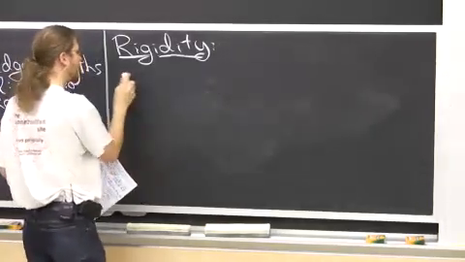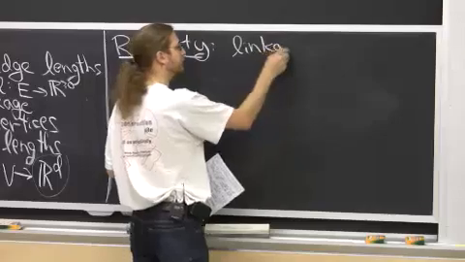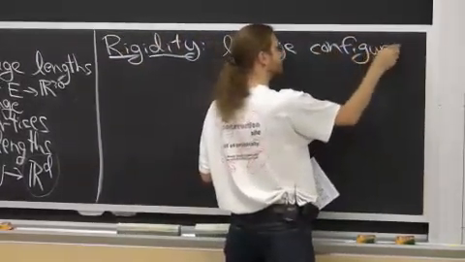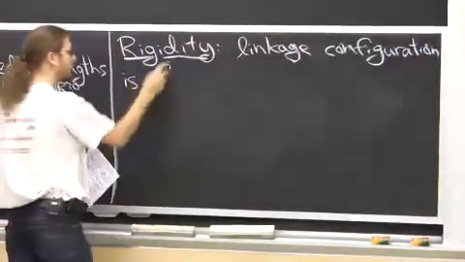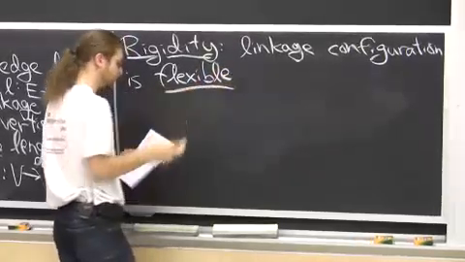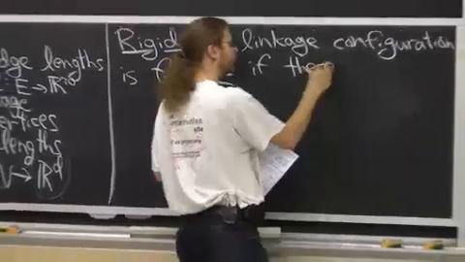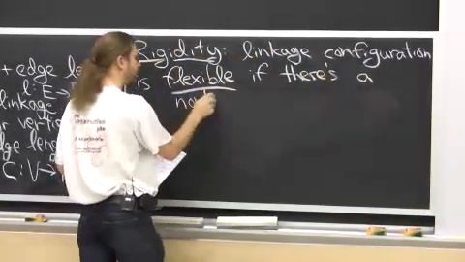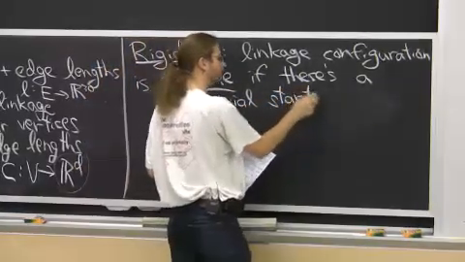So if we have some linkage configuration, some configuration of some linkage, then we call it flexible if it can move from that configuration in a non-trivial way. So we want a non-trivial motion starting from that configuration.